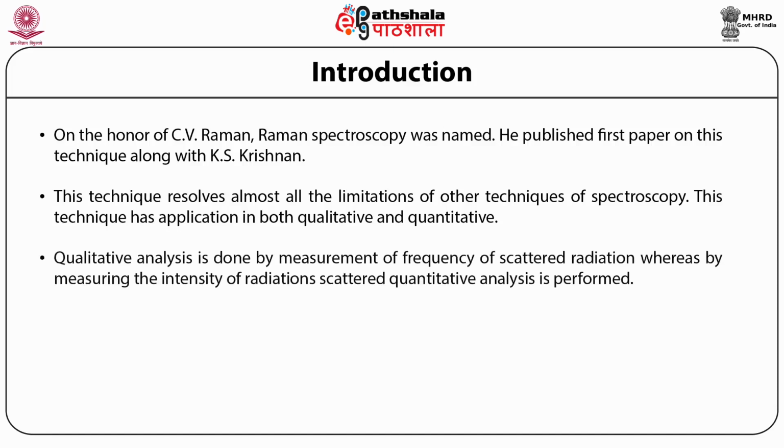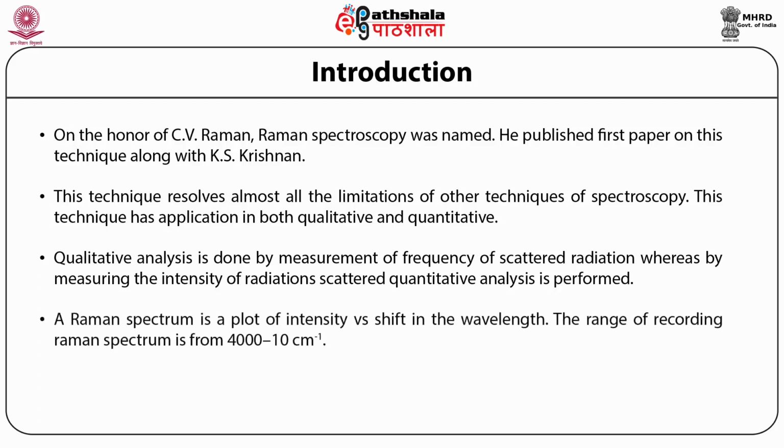Qualitative analysis is done by measurement of frequency of scattered radiation, whereas by measuring the intensity of radiations scattered, quantitative analysis is performed. A Raman spectrum is a plot of intensity versus shift in the wavelength. The range of recording a Raman spectrum is from 4000 to 10 cm inverse.